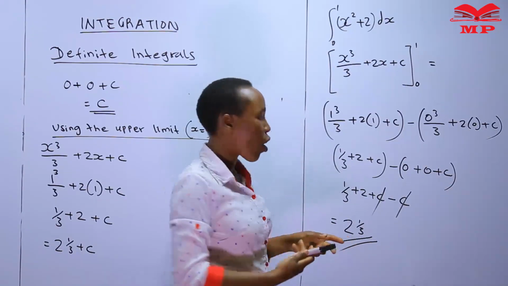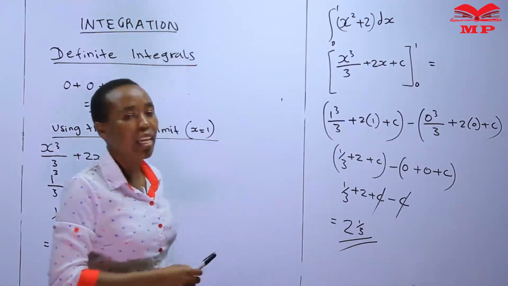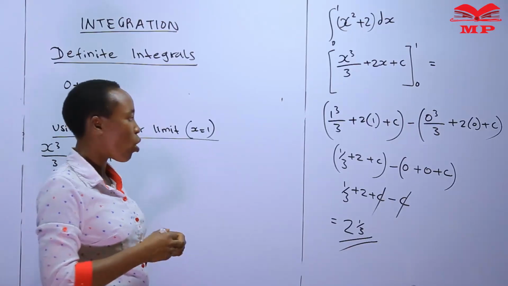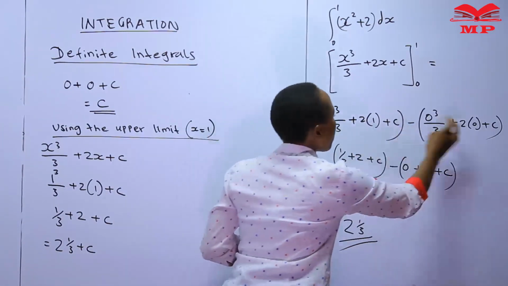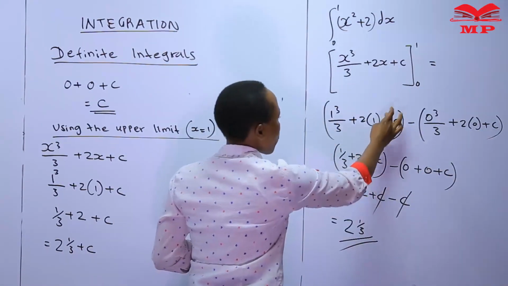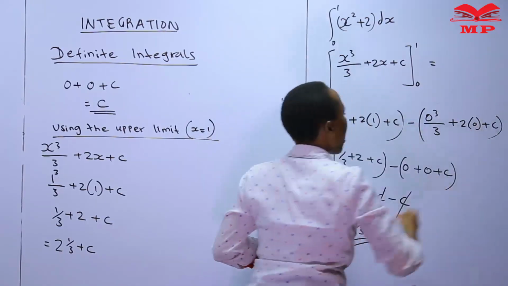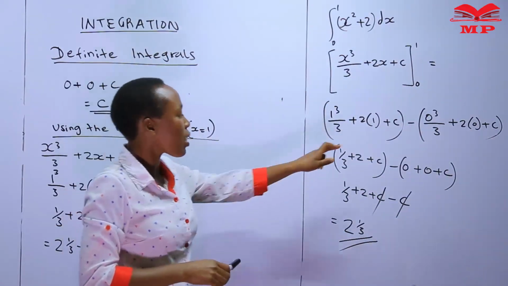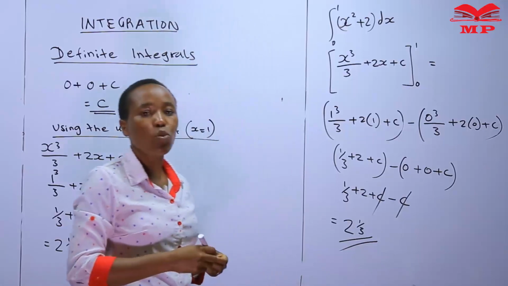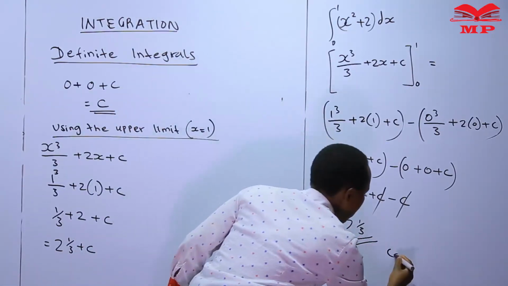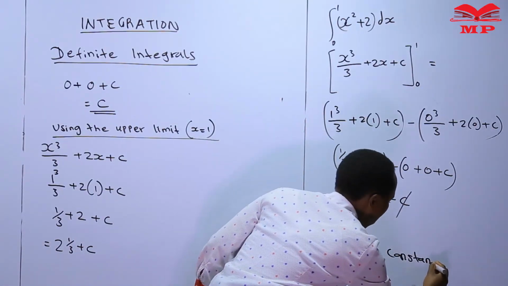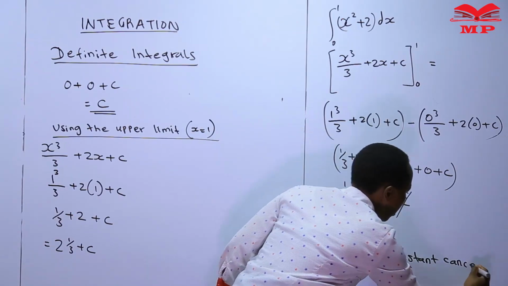So even there is no need. When you are finding this, that is for a definite integral, you don't even require to put the constant. Because even if you include this constant, it will have no effect. Because at long last, the constant will cancel out.